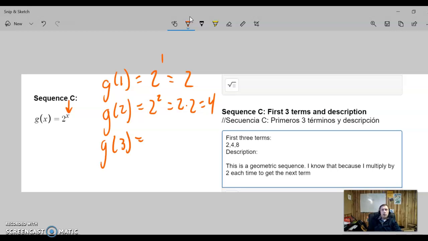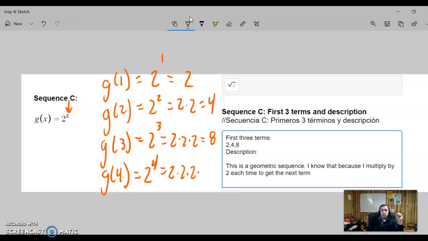G to the third power is 2 to the third power. And a lot of people see this and they say 6, but it's not 2 times 3. It's 2 three times. 2 times 2 is 4. 4 times 2 is 8. Let's do one more just for fun. G of 4 then would be 2 to the fourth power. 2 times 2 times 2 times 2, which is 16.